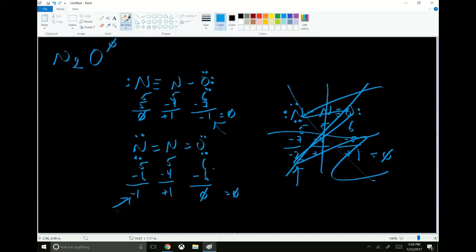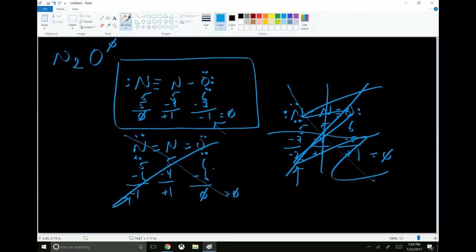Okay? The more electronegative element is oxygen, so that means that this one down here is not the good one, and the correct structure is this one up top, which I'm pretty sure I did not say last time we looked at this. I'm pretty sure I got it wrong last time.